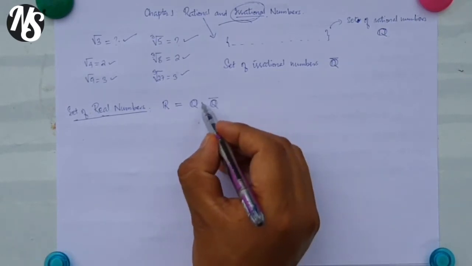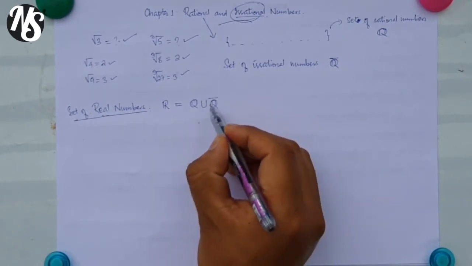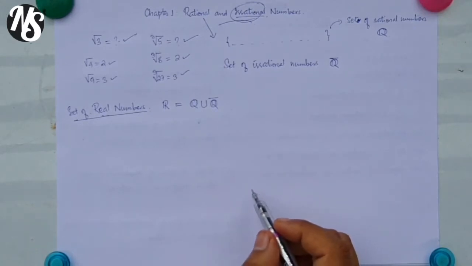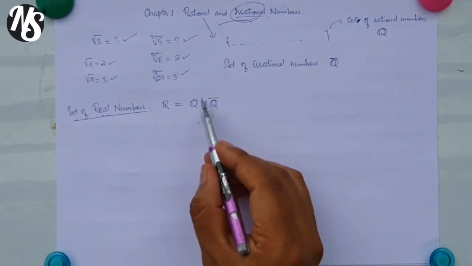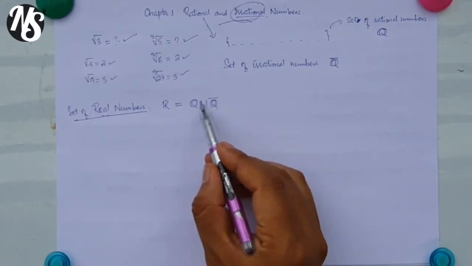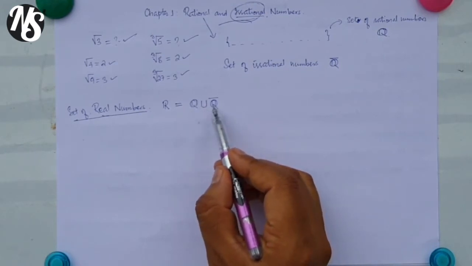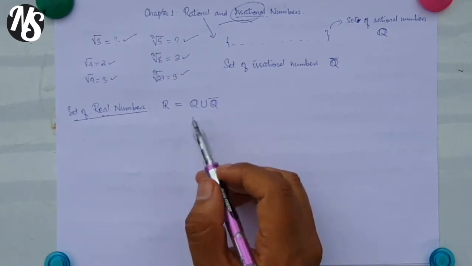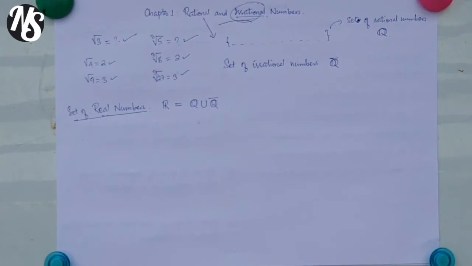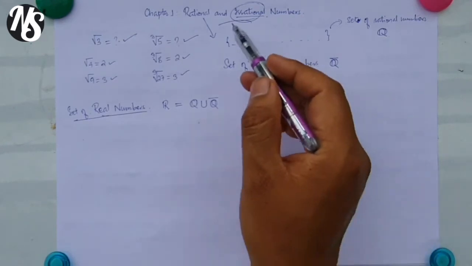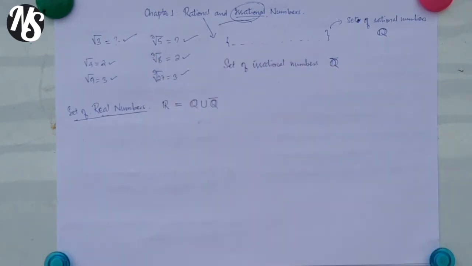Combination means you have to use this notation, which is called union. Union means combining rational and irrational. When you combine all the rational and irrational numbers, you get real numbers. That's the meaning of this particular thing. Now let's take a few problems on the concepts that we have learned till now.